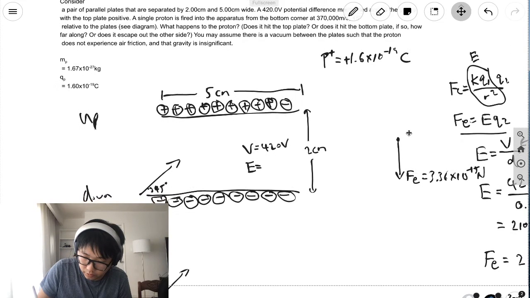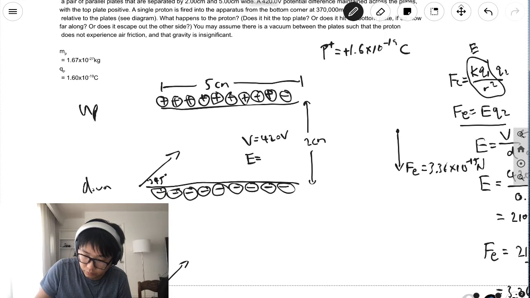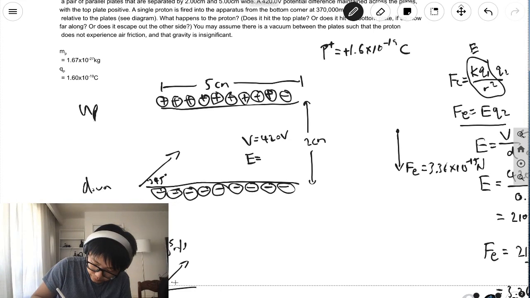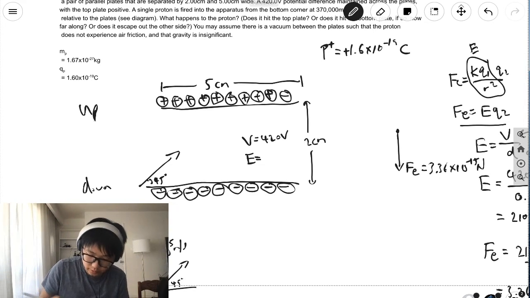I think it was 3.7 times 10 to the 5, and that's meters per second, at some angle, 45 degrees.